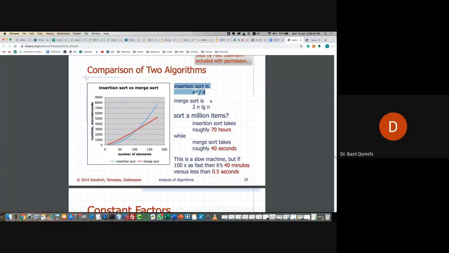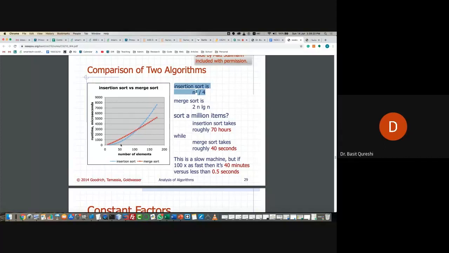Okay, now let's see what happens when I start running the program. This is the runtime, and this is the number of elements, the size of my array. If my array is really small, I'm talking about size 50, you can see that the insertion sort, even though it's theoretically slower, experimentally works faster.